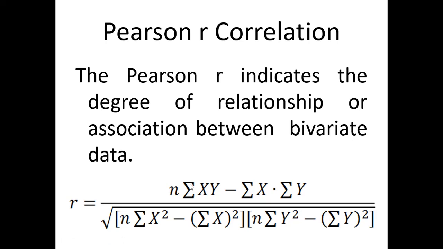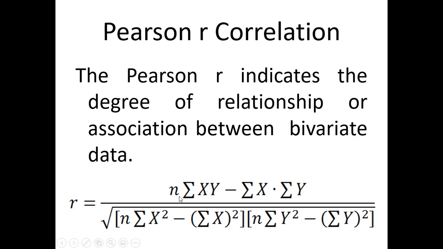When you see this symbol, it means that you're going to add all the observations or all the data under that. And x and y are the two variables we are talking about. For example, x is the math score and y is the science score. So this pertains to variables.